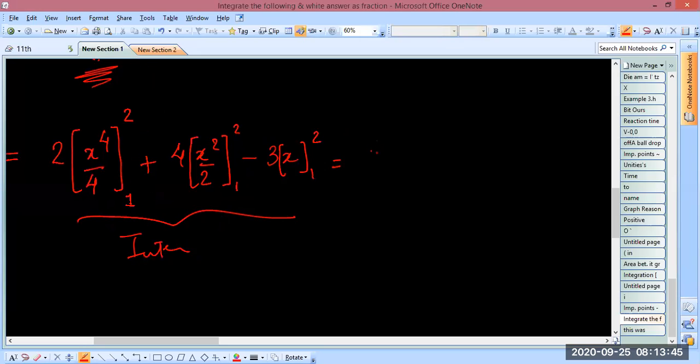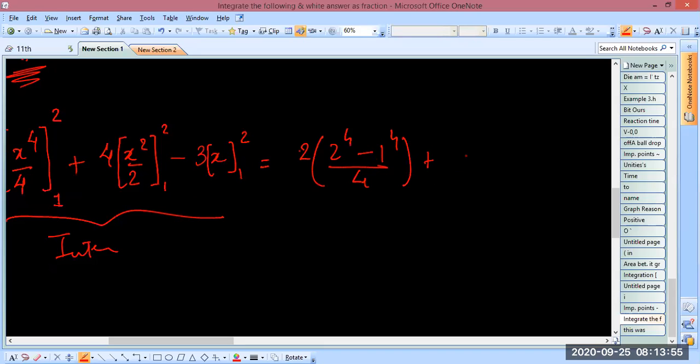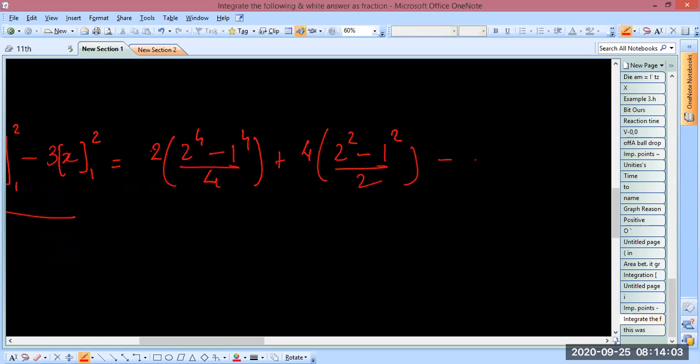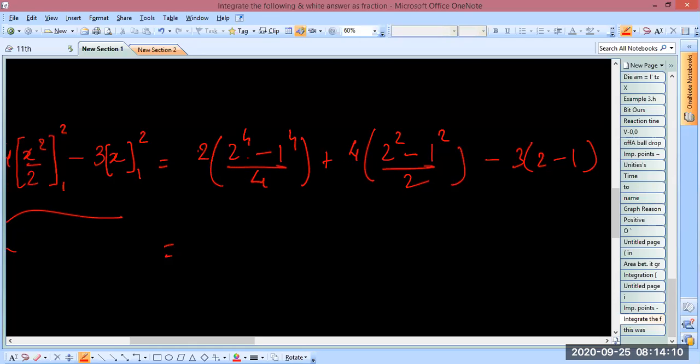So this is going to be 2 raised to 4 minus 1 raised to 4 by 4 plus 4 into 2 raised to 2 minus 1 raised to 2 by 2, and minus 3 into 2 minus 1, right?